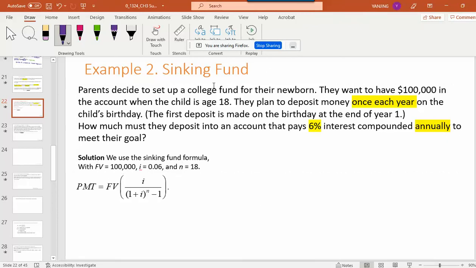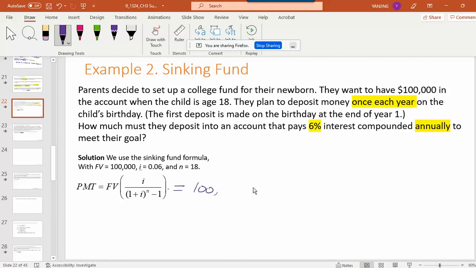All right, so whatever the money you're gonna use, you're gonna have to raise 100,000, you want to reach 100,000 at the age of 18. So n here will be 18, right? And since you compound annually, i here is 0.06. So I can put this into the future value formula.